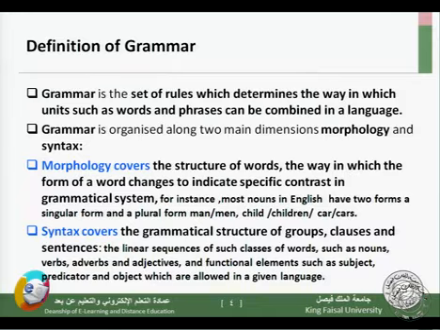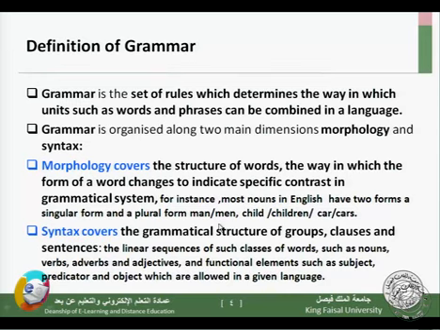It deals with the structure of words, the way in which the form of the word changes to indicate a specific contrast in a grammatical system. So they play a role in grammar, the structure of the word.